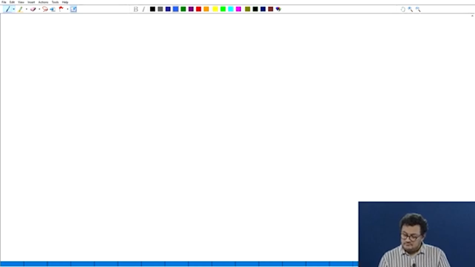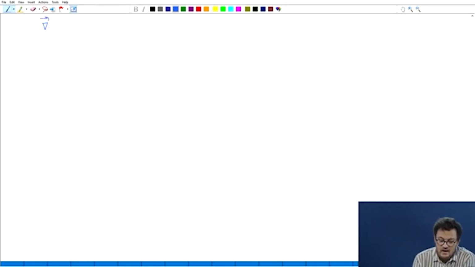Now, I will do some important things. First, let us realize two things. One is the divergence of the R vector. What is this? In 3D space, this is nothing but del del x i cap plus del del y j cap plus del del z k cap, dotted with x i cap plus y j cap plus z k cap.